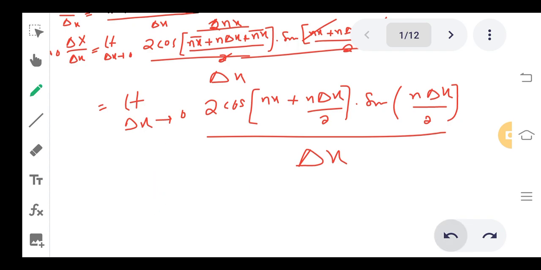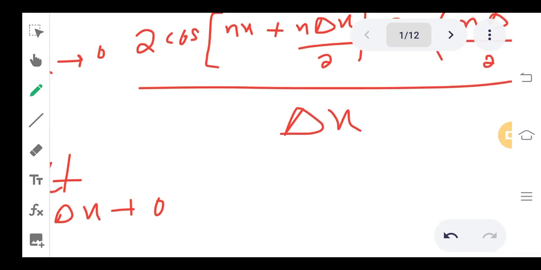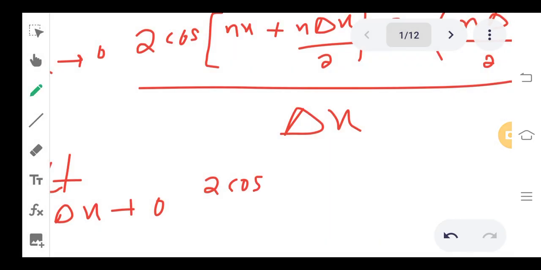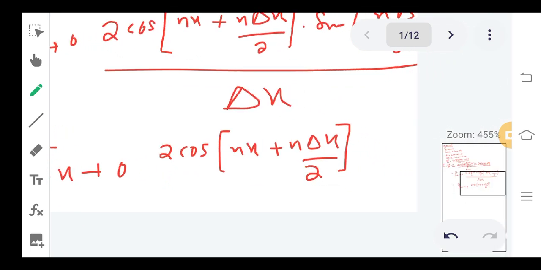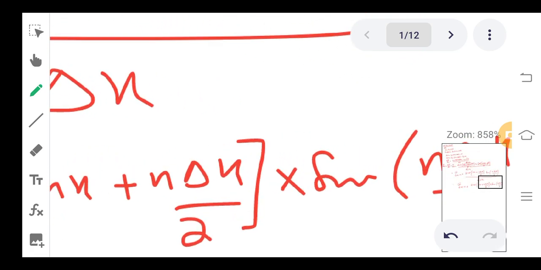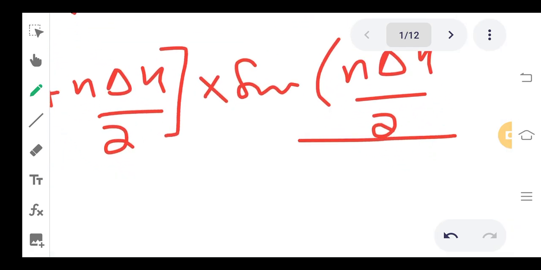The limit as delta x tends to 0 of 2 cos of (nx plus n delta x) over 2, multiplied by sin of n delta x over 2, over delta x.